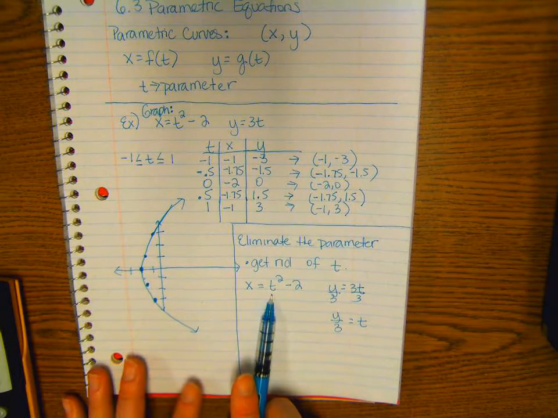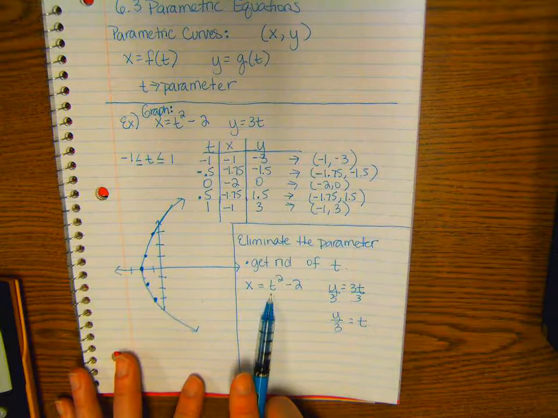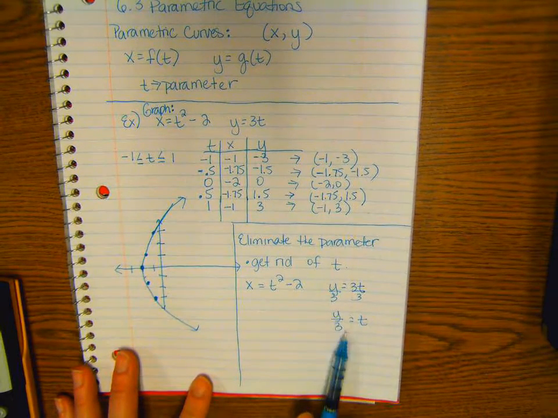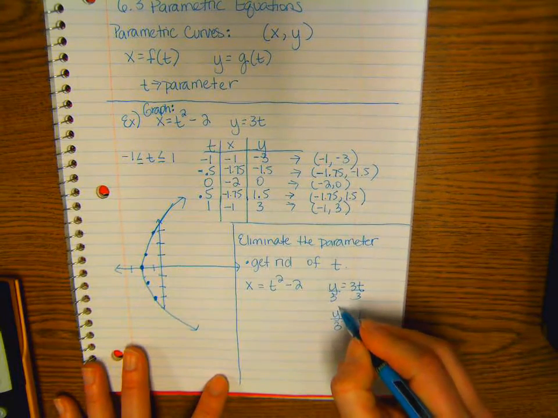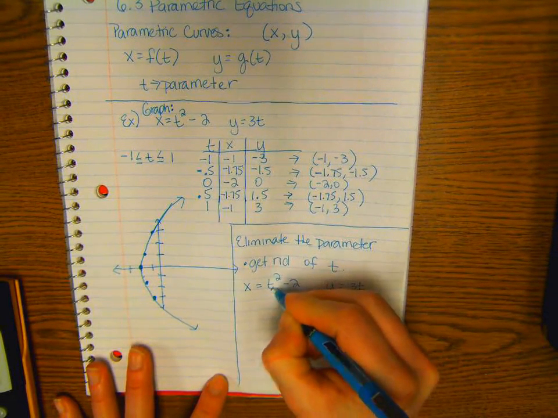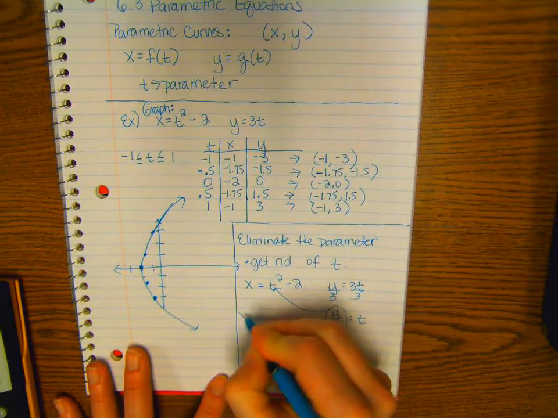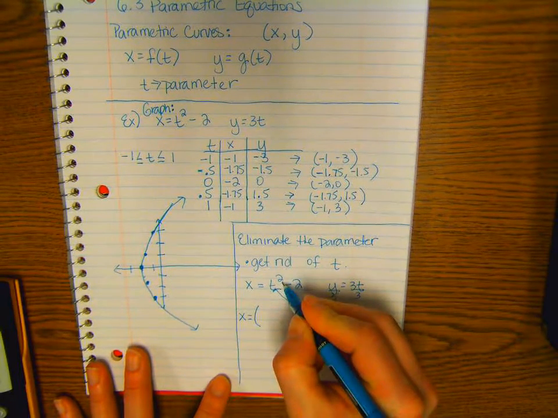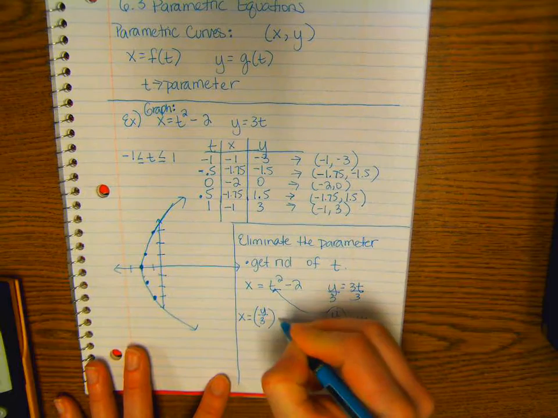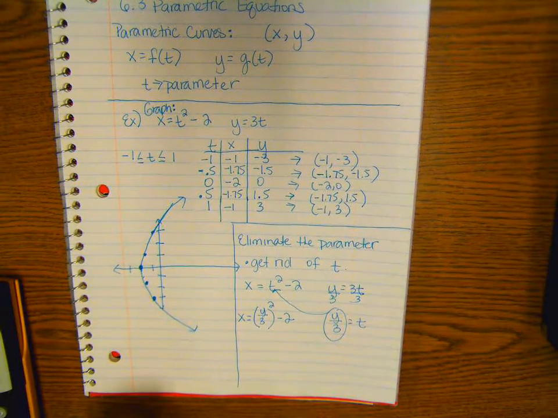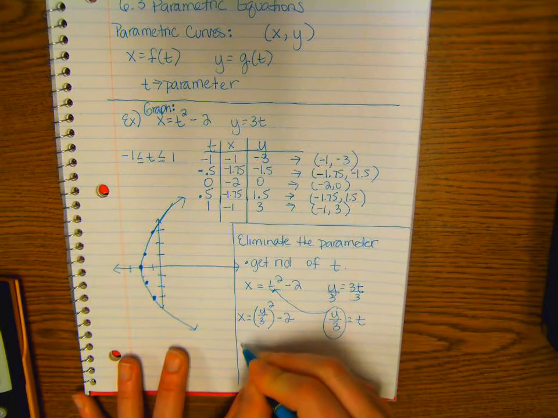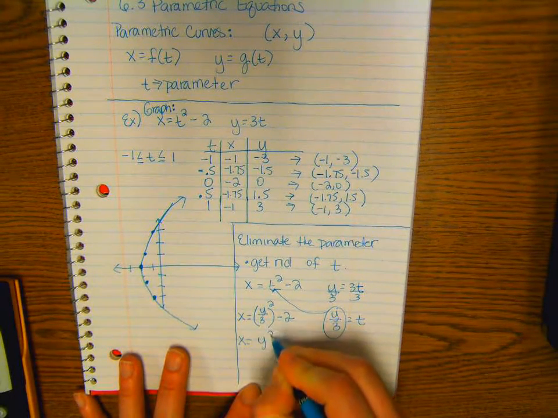Okay, so what did we say t is the same as? t equals y over 3. So over here, I'm going to then put y over 3 in for t. Remember, I'm squaring t, so I'm going to be squaring y over 3 minus 2. So I square that. And if I wanted to simplify a little further, I could do y squared over 9 minus 2.